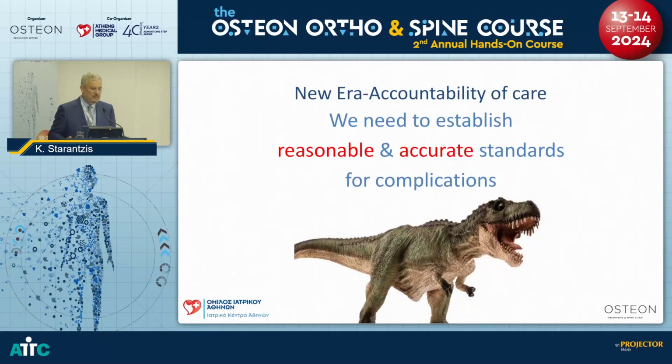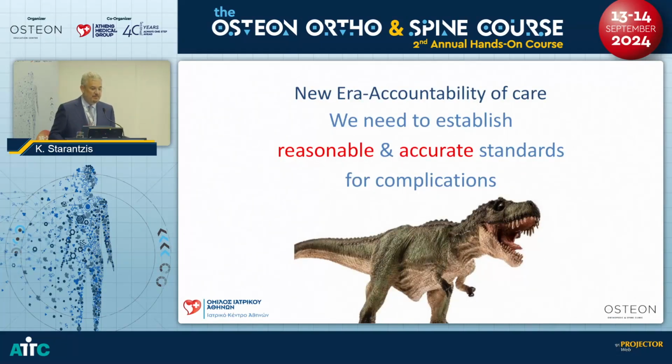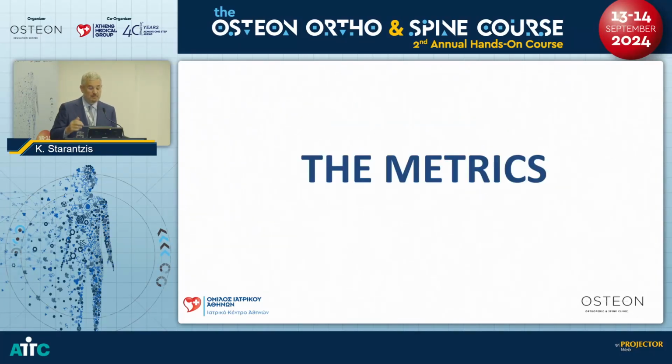Because we need to be very accurate with the estimation of the risk and set up reasonable and accurate standards for complications, because the deformity surgeon will end up like the dinosaurs, extinct, because no one would pay for this operation. There are many public systems around the world. They banned deformity surgery in adults.